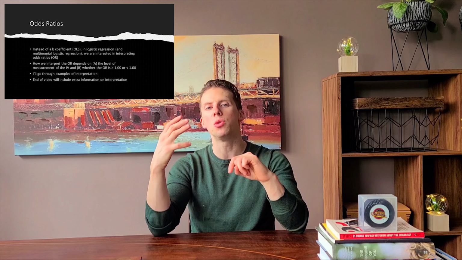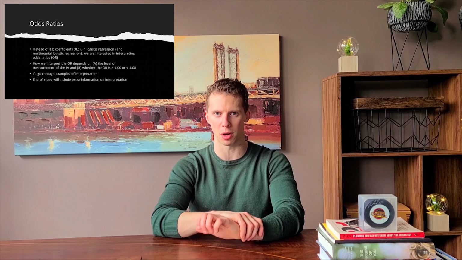In our discussion of linear regression, we looked at the different ways of interpreting the B coefficient versus our beta coefficient, so unstandardized B versus standardized beta. In logistic regression, we do technically get a B coefficient or a B value, but we don't have as much interest in interpreting this coefficient because it's basically talking about a unit change in the log odds of our dependent variable, which isn't very interpretable.